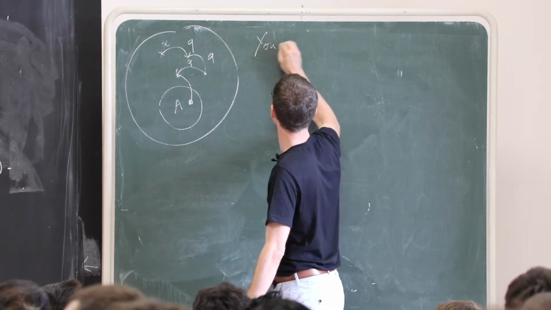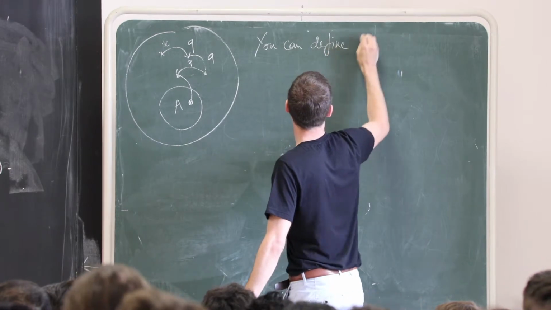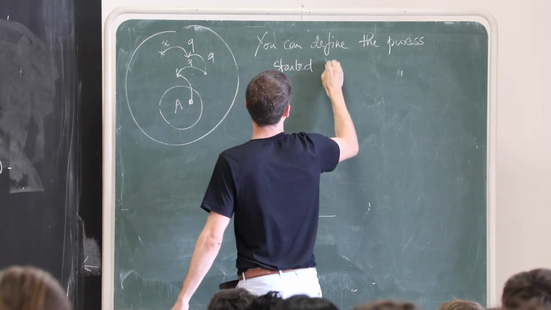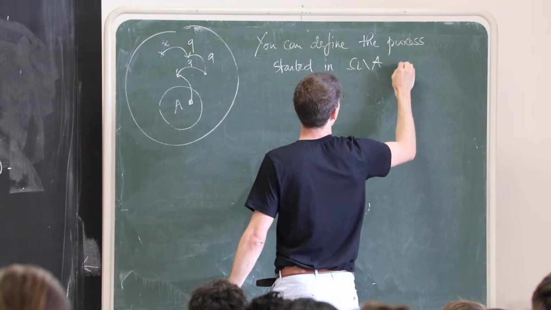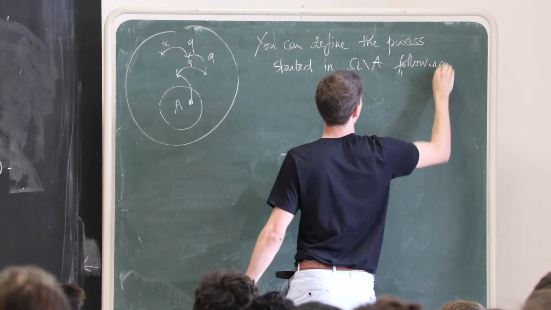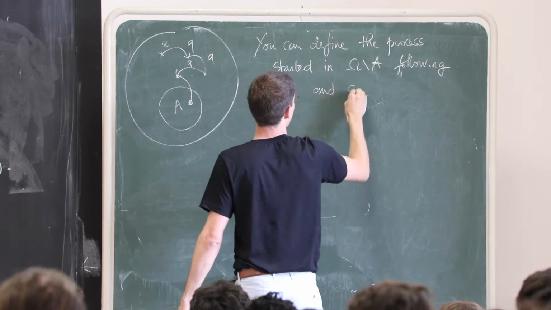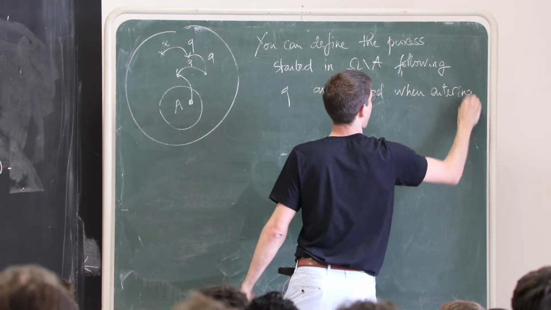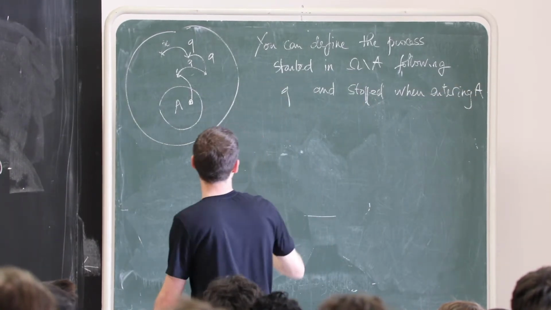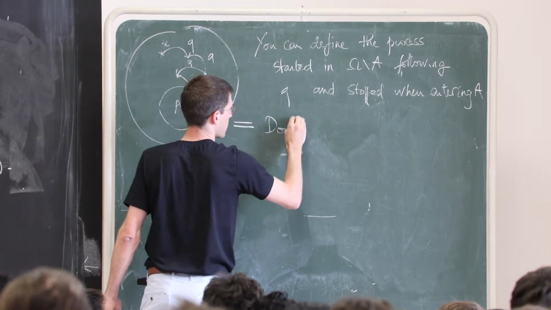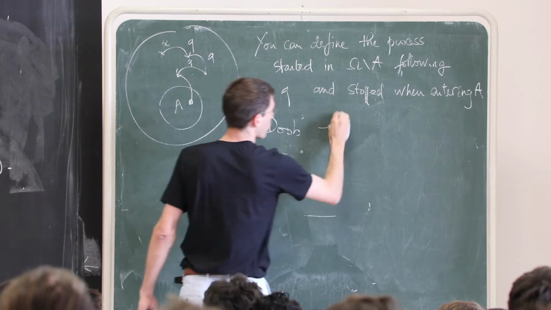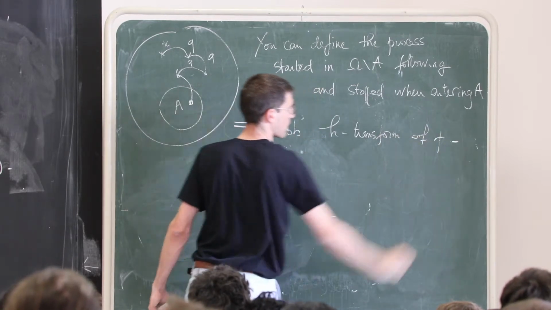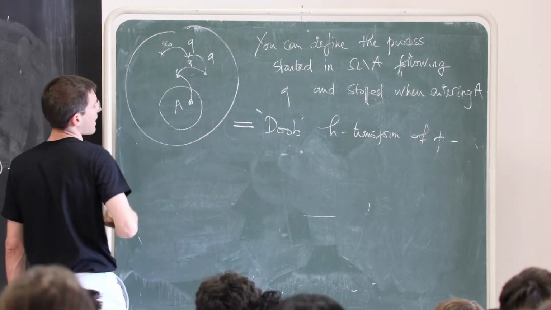So you can define the process started in A complement, following transition Q, and stopped when entering A. And this process is called the Doob H transform of P. And your starting point, x0, can be whatever.